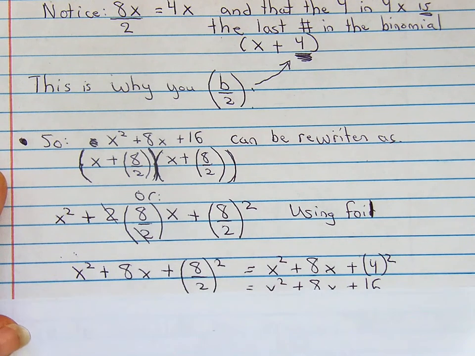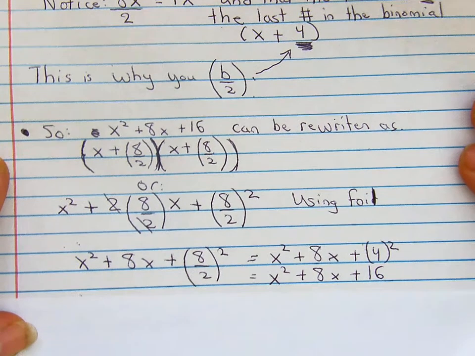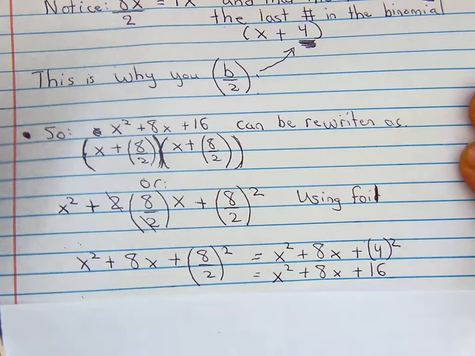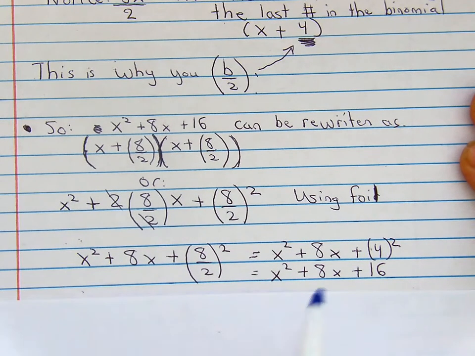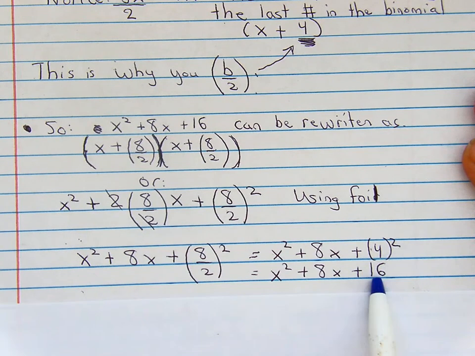So this can be written as this equation here, which then can be simplified as 8 divided by 2 is 4, 4 squared is 16, and so we haven't really changed the value of our trinomial.